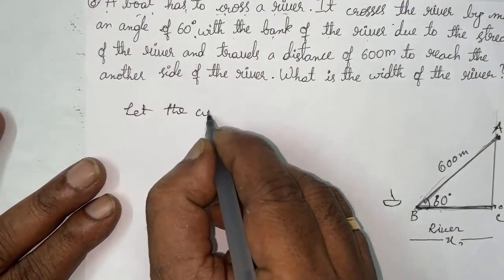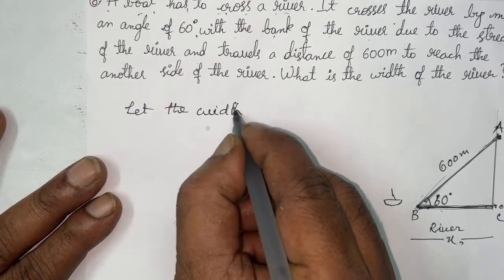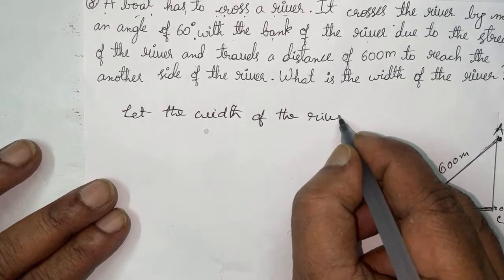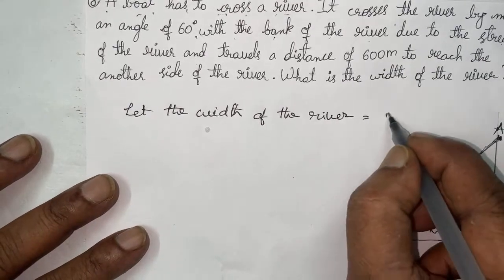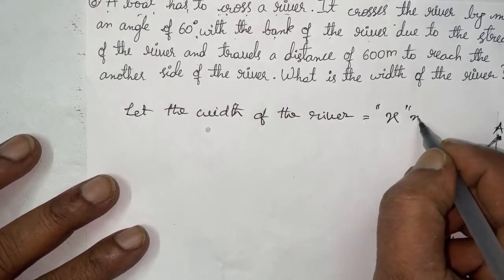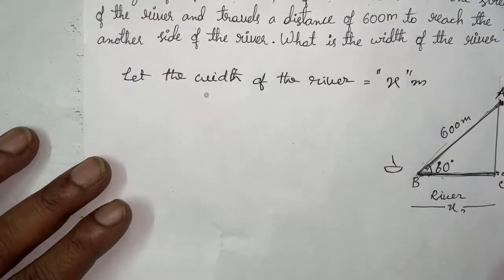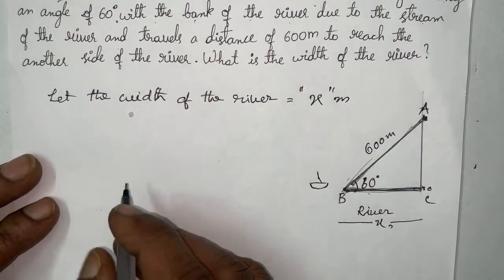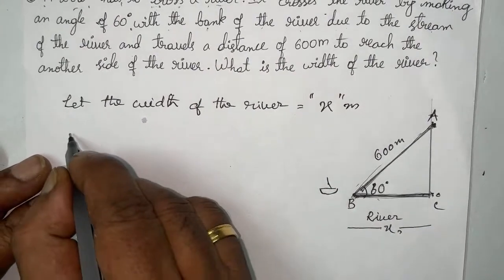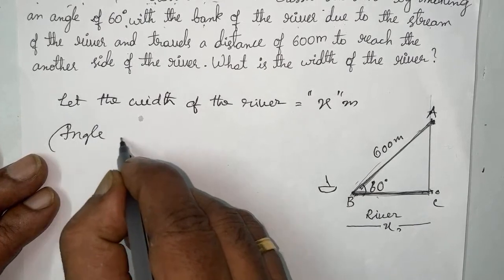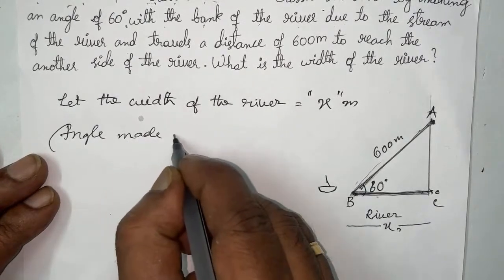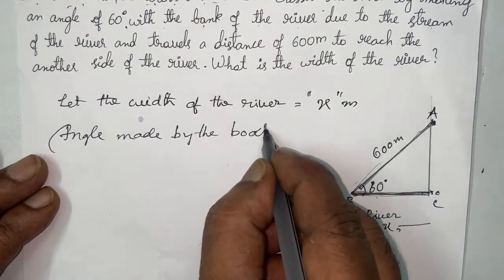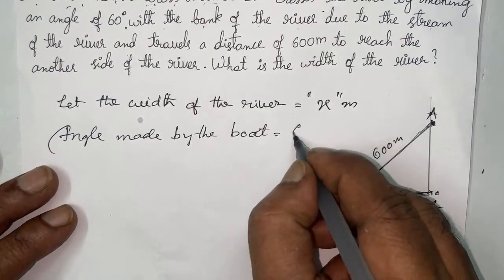let the width of the river be x meters. The width of the river is equal to x meters. And the angle made by the boat is equal to 60 degrees.